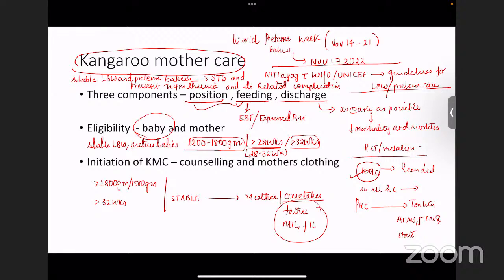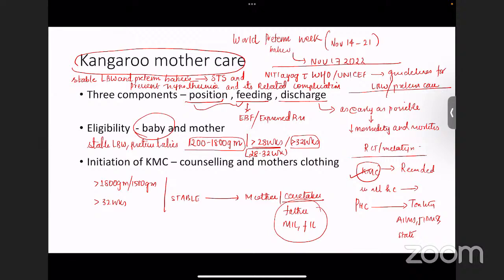They have given many terminologies which are cumbersome for you to remember in a vast syllabus. But you should know the recent take on KMC and what the components are. This is very important. Three components: position, feeding, discharge.